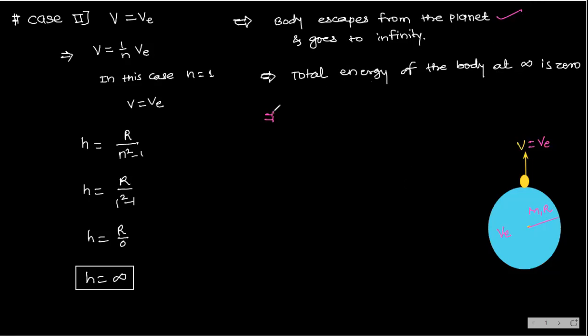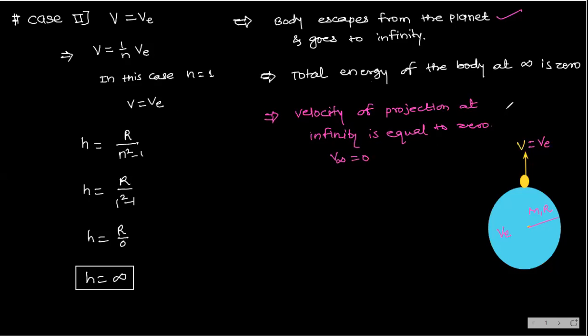Even if you want to add one more point, that is the velocity at infinity, velocity of projection at infinity is equal to 0. Okay, velocity will become 0. So I can write here v infinity is equal to 0, means at height infinity.